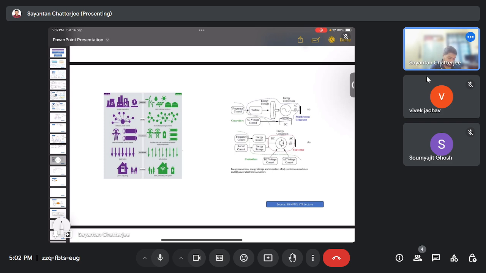So what's the need of system inertia? Let's first discuss that, because we have mostly integrated renewables, right? Now, whenever there is a generation load mismatch, the system will start swinging, because we know the swing equation.